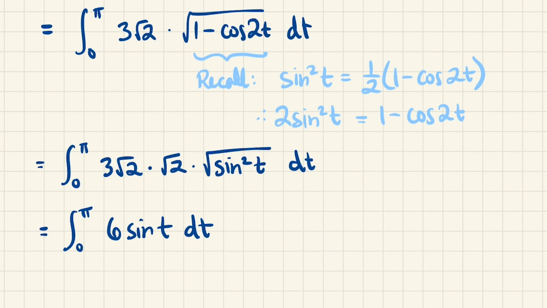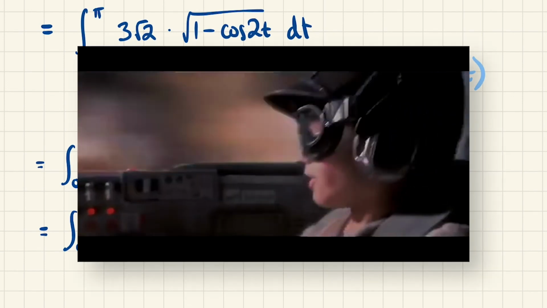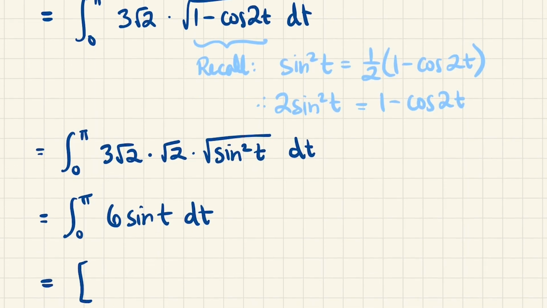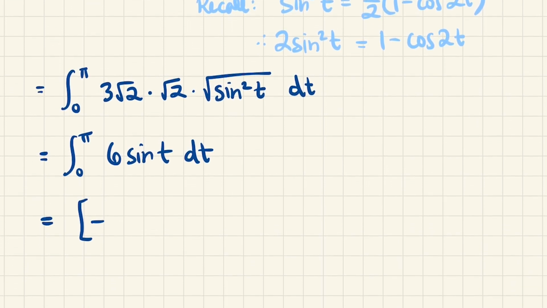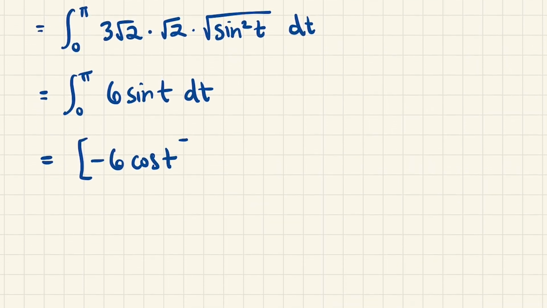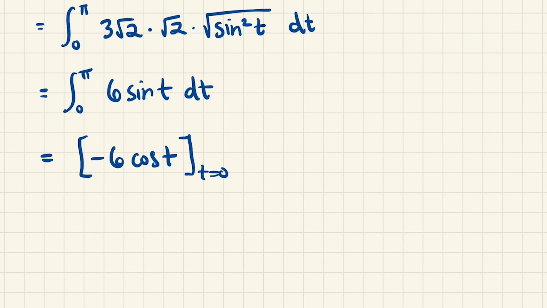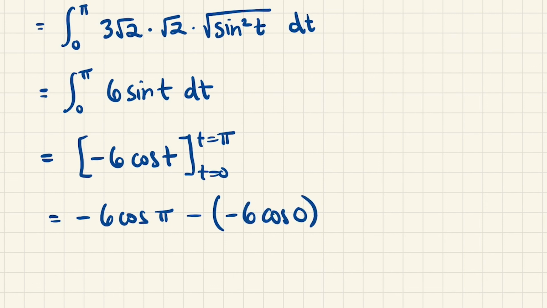Okay, this integral doesn't look too bad. So 6 sine of t integrates to negative 6 cosine of t. And we'll plug pi in and then 0, so we get negative 6 cosine of pi minus negative 6 cosine of 0.